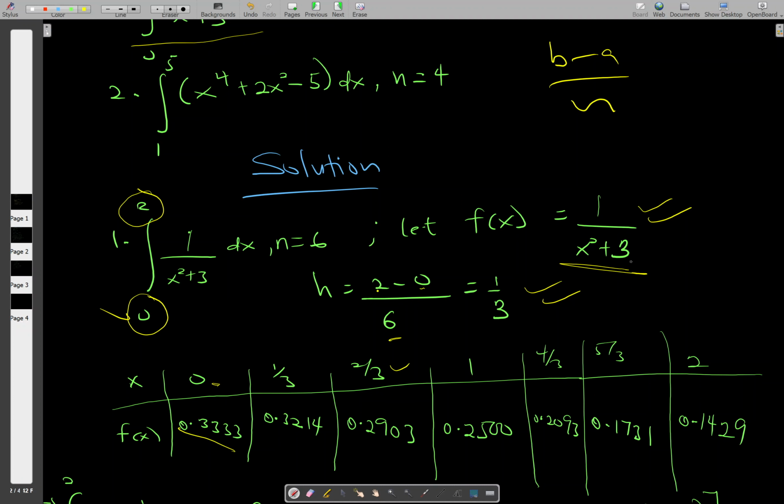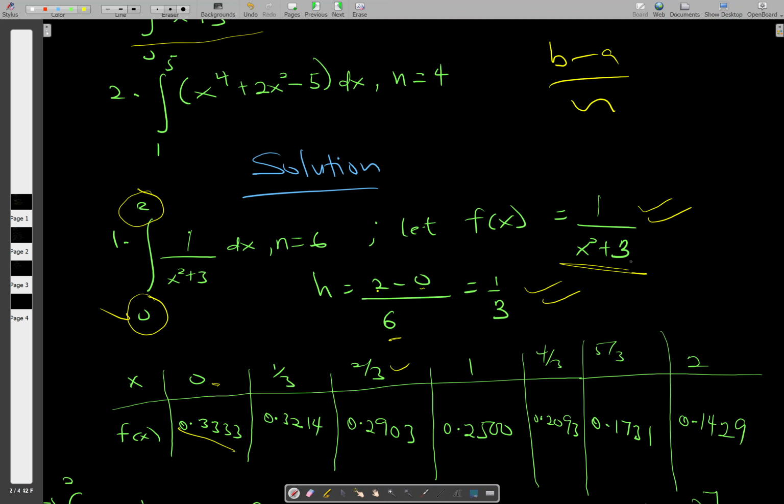Plus the last term, that's f of 2. When we simplify this, we get this, and you can also simplify to get this, and therefore your answer will be 0.4941, and its area we measure in square units.